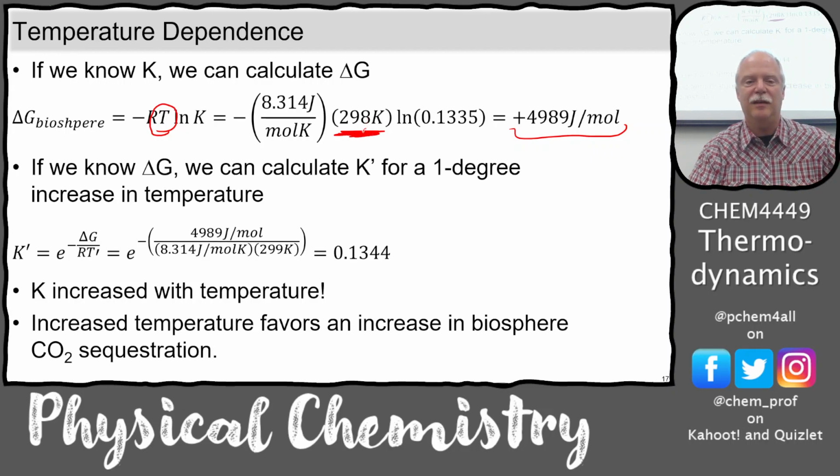This is just to see what happens if that goes up by a degree. So then we recalculate K with 299 Kelvin instead of 298 Kelvin, and it actually went up, instead of 0.1335, to 0.1344.